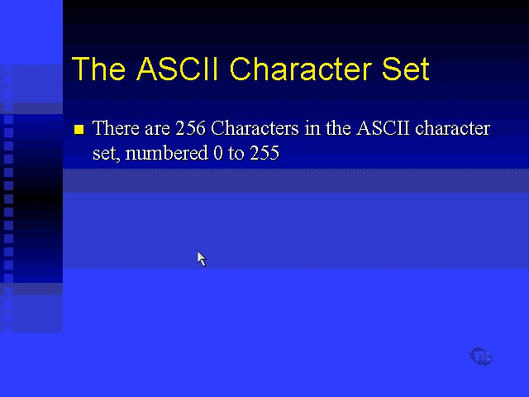Why is it number 97? Well, that's just where they've decided to put it. And it turns out that B is 98, and C is 99, and D is 100, and so on. Sorry, I'm talking about lowercase letters here, lowercase a, b, c, and so on. The uppercase ones are different numbers again.